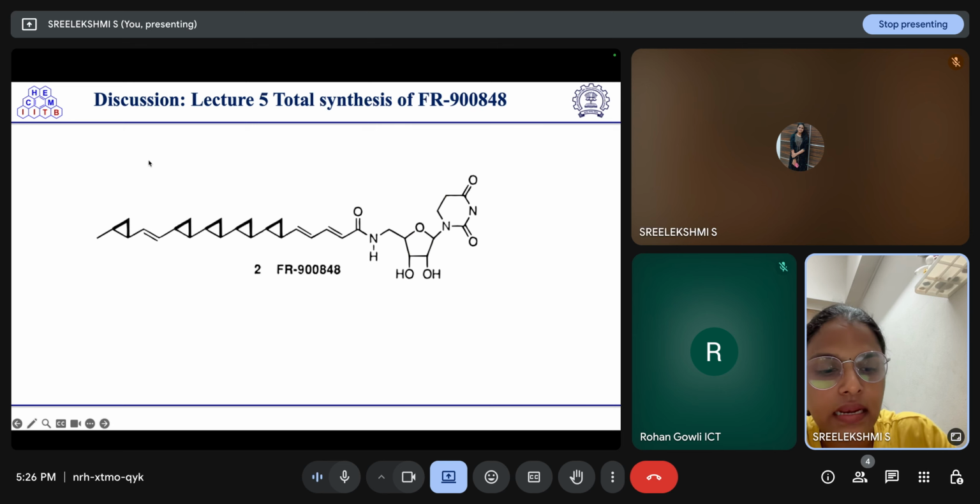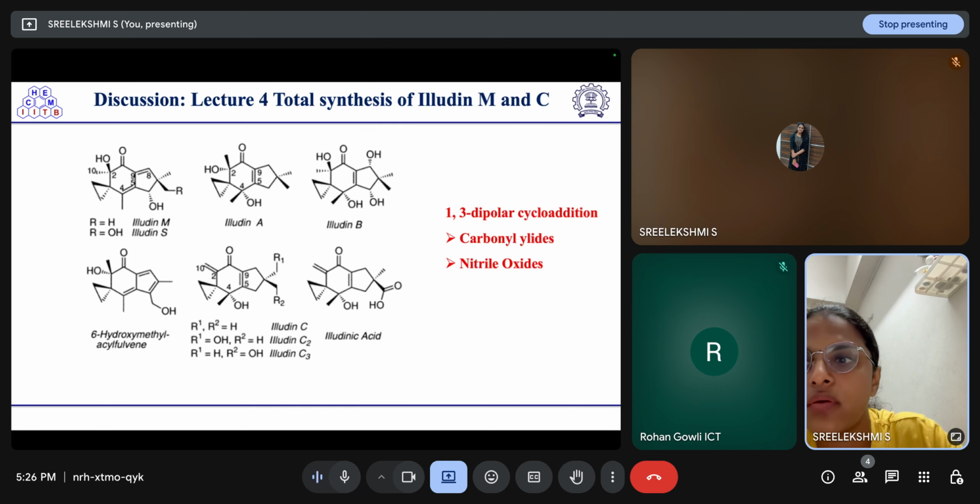As a result, after this nucleophilic attack, what results is an aromatic six-membered ring. So the formation of that aromatic ring is the driving force for the reactivity of these illudin molecules. That is the mechanism of action of illudin.